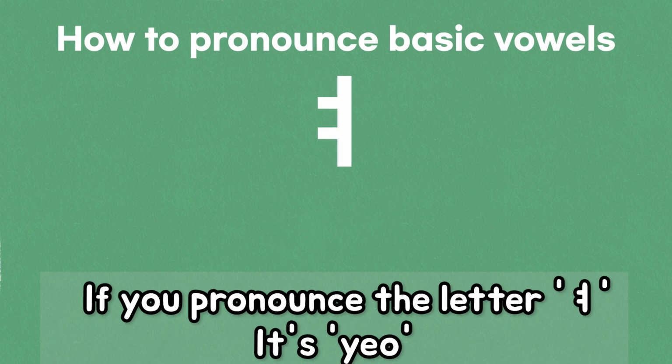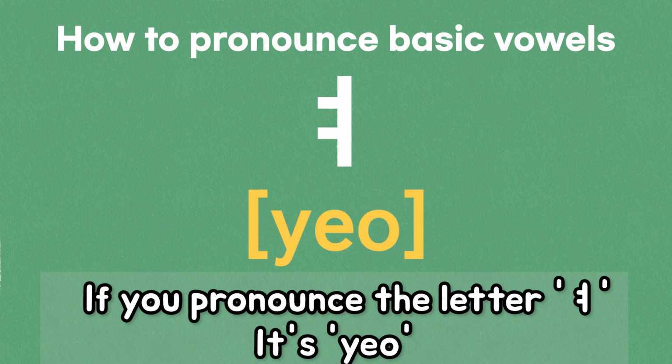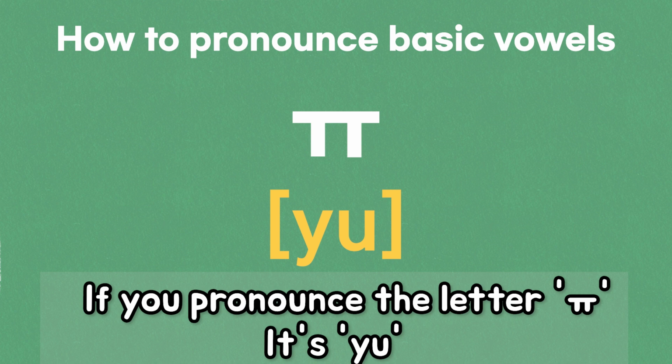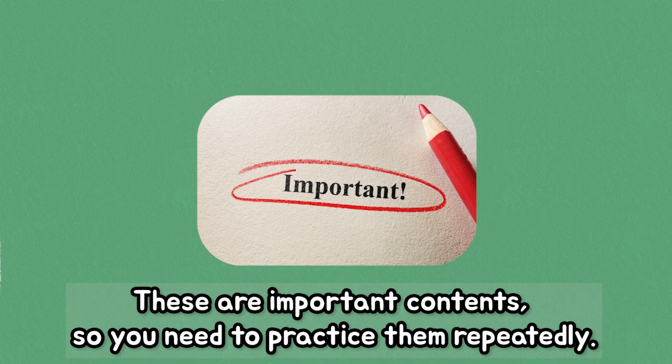The letter ㅕ is Yo. The letter ㅛ is Yo. The letter ㅠ is U. These are important contents, so you need to practice them repeatedly.